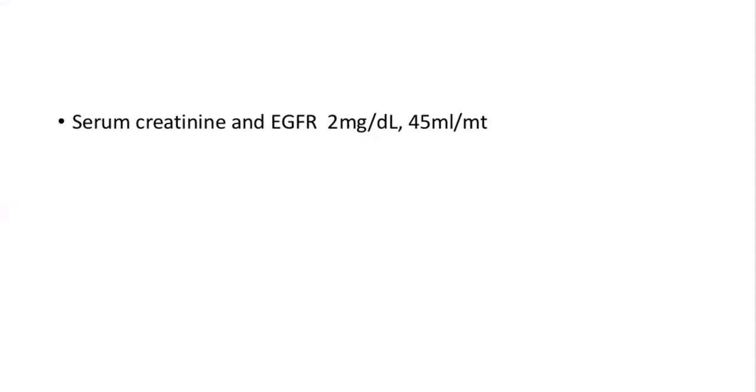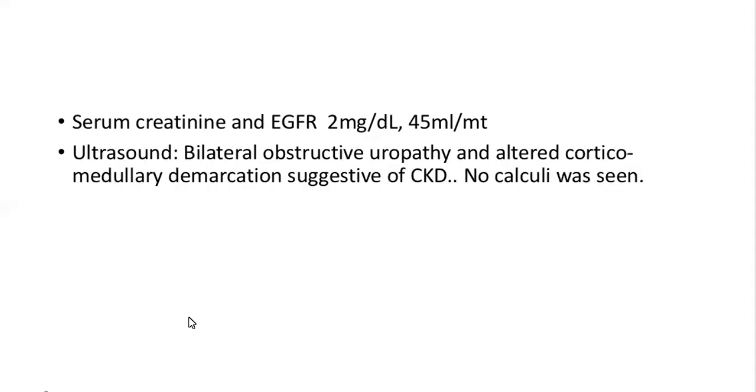Exactly. In male patients, you have to think about outflow obstruction. Outflow obstruction from where? Prostatomegaly. Ultrasound scan: bilateral obstructive uropathy and altered corticomedullary demarcation suggestive of CKD. No calculi were seen. So most likely this could be due to lower obstruction.